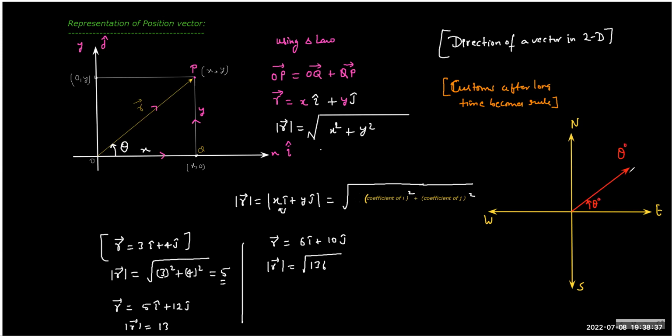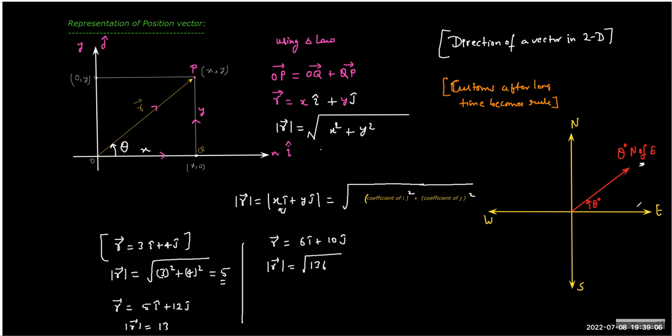Theta degree north of east. What comes after "of" is the axis the angle is made with. So theta is with which axis? East axis. In which quadrant? North of it, so it is between north and east, but the theta is measured from the east.